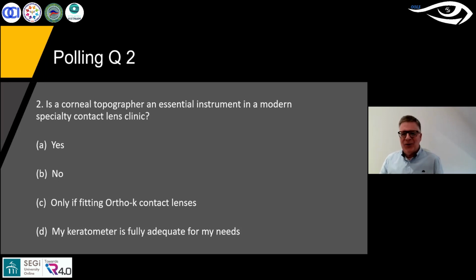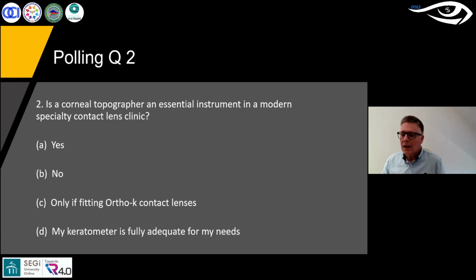Now, you'll notice on this one that this is the first time that I've mentioned ortho-K in the UK. A lot of eye care professionals purchase a topographer to do ortho-K because it's arguably an essential tool. But we're getting some fabulous responses coming in now.